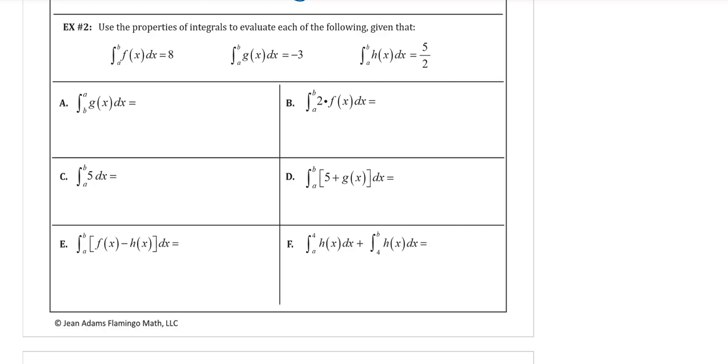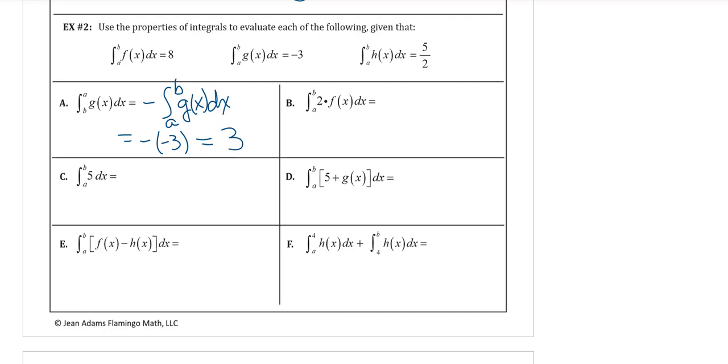In the first one, if you notice, we are going from B to A. You're going to have to start paying attention to that instead of from A to B. So what that means is we actually want the negative value of the integration of g from A to B dx. We're given that that is -3, so we're going to get a +3.